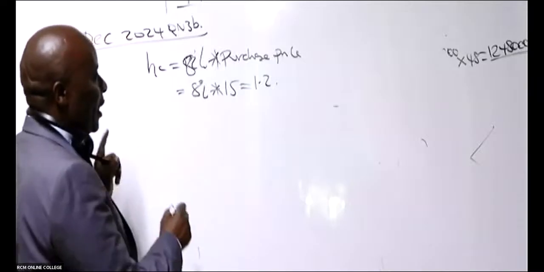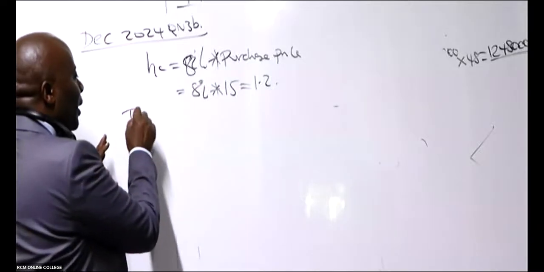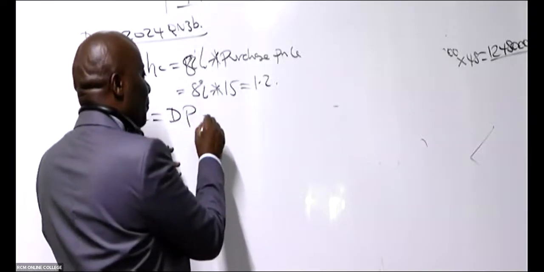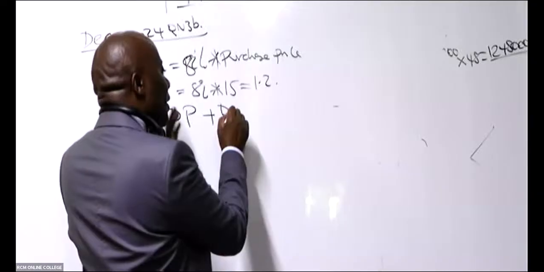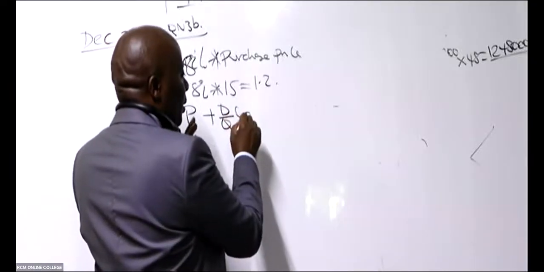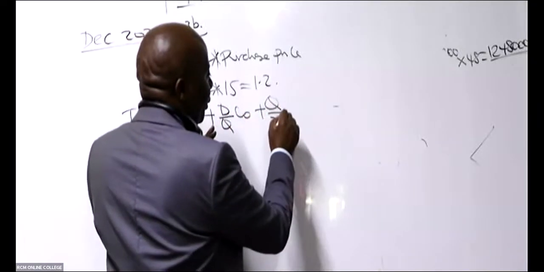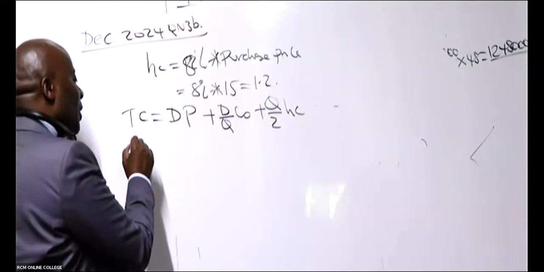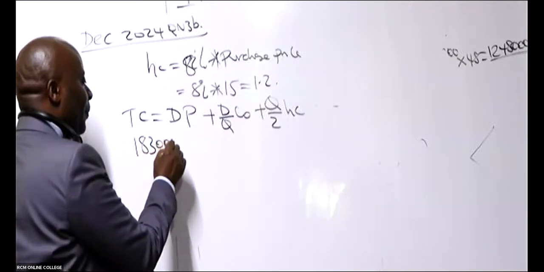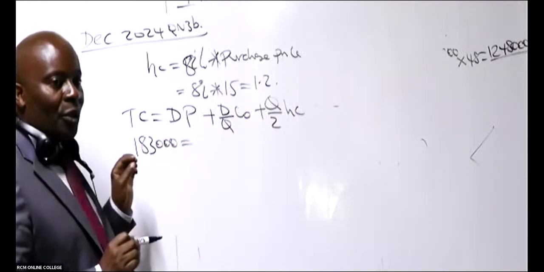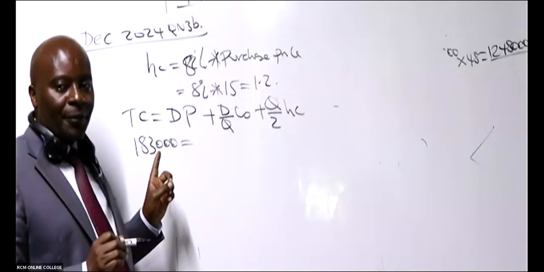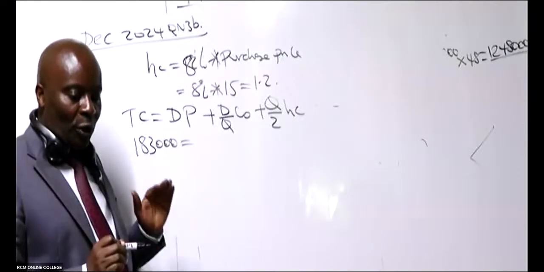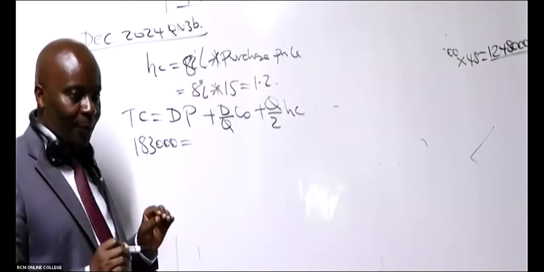The total cost has been given, and she knows the formula that to get total cost here, we are taking the purchasing cost plus, in this case here, the ordering cost, D over Q, CO, plus the holding cost. And then the total cost has been given as what here, somebody? Total cost has been given as 183,000, isn't it? Yeah, in the last paragraph.